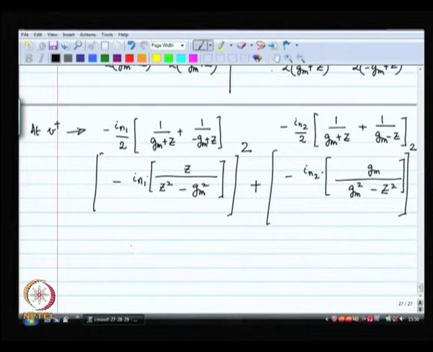Right, and I n 1 squared is now going to be a mean squared noise voltage.